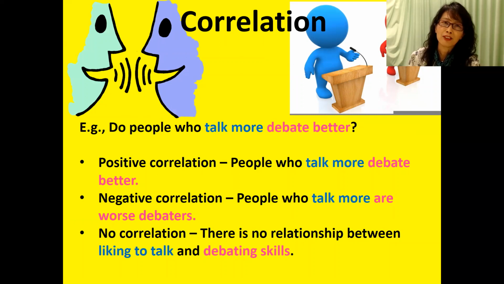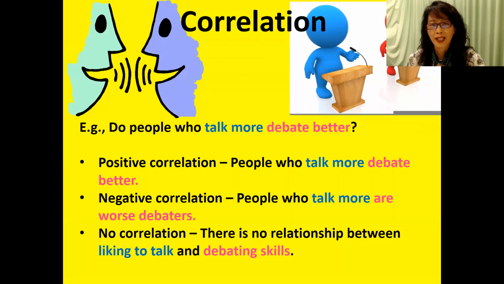If somebody tells you we get a positive correlation, what this means is that people who talk more debate better. Negative correlation means that people who talk more are actually worse debaters. No correlation means there is no relationship between liking to talk and debating skills.